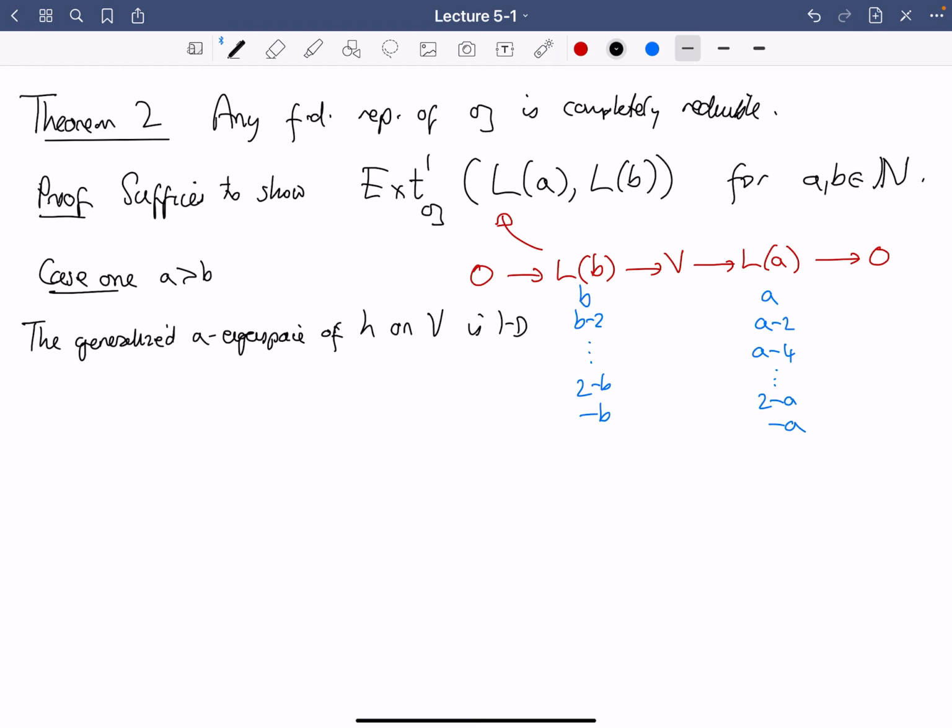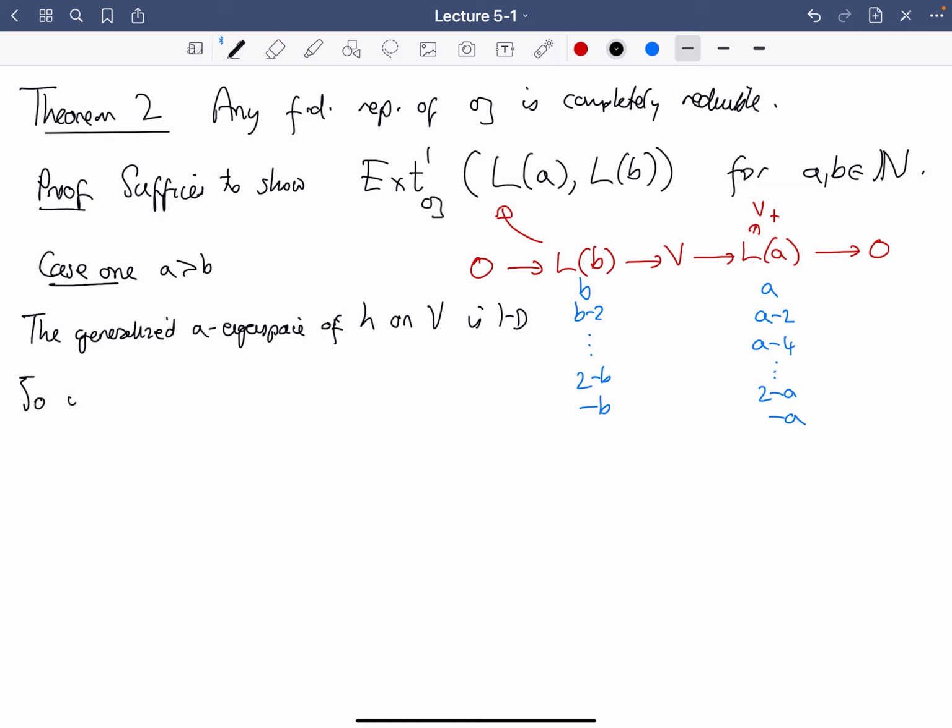And so all you have to do is, in this L of A, we've got this highest weight vector V plus of weight A, and the A eigenspace in V is still one-dimensional. So if you just pick any eigenvector of eigenvalue A for the action of H in V, it's got to map onto some non-zero multiple of this V plus.